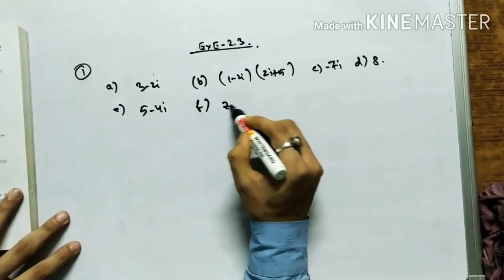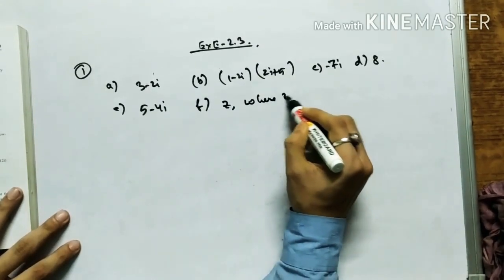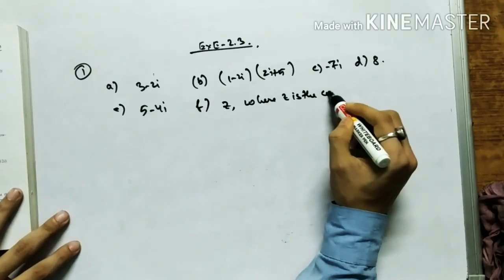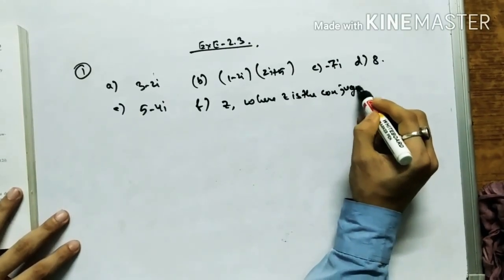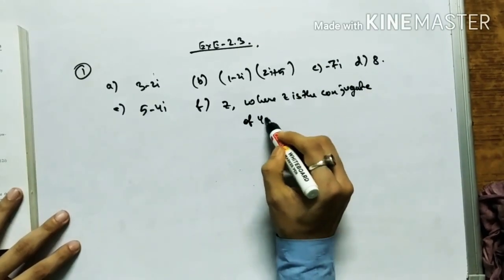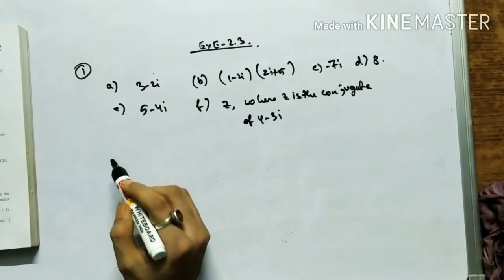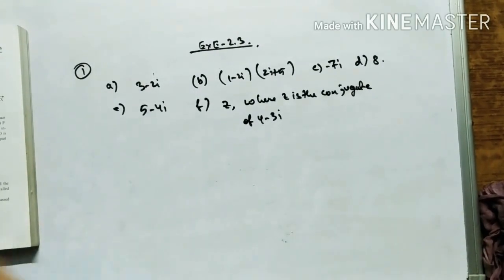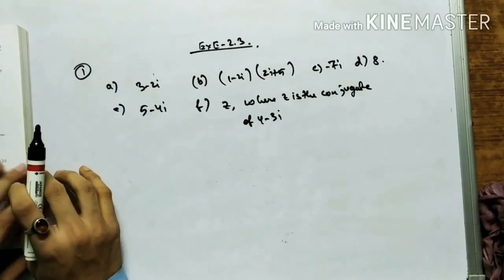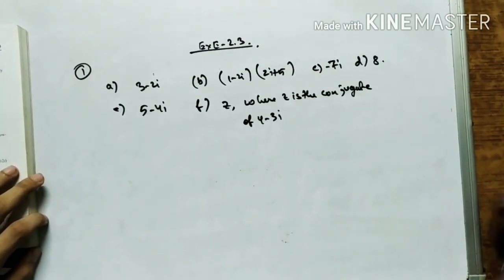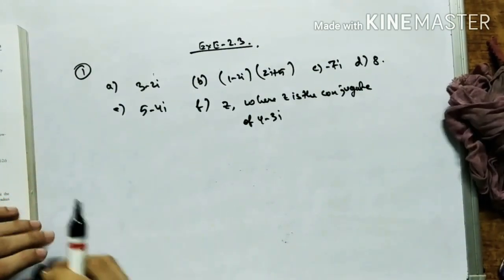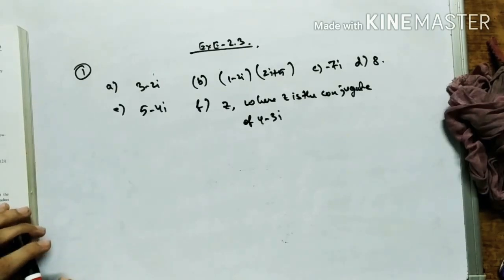F is Z, where Z is the conjugate of 4 minus 3i.